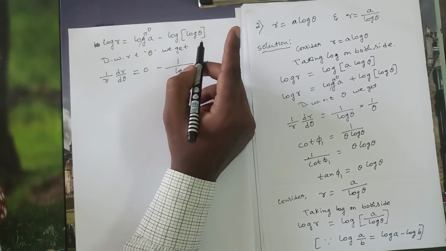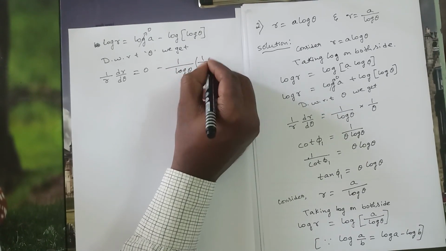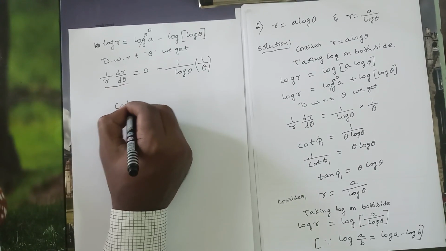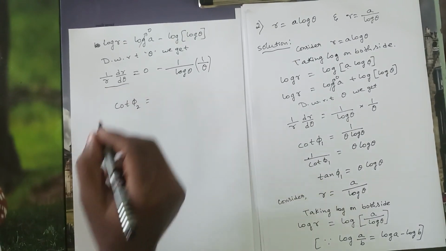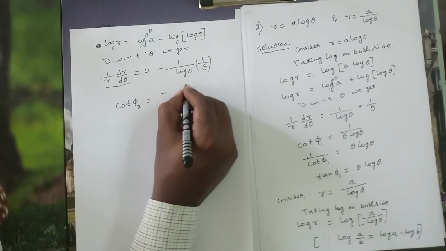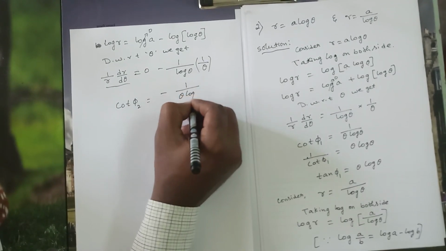Differentiating theta gives 1, no need to write that one. So this becomes cot phi 2, since this is the second curve, equals minus 1 over theta into log theta.